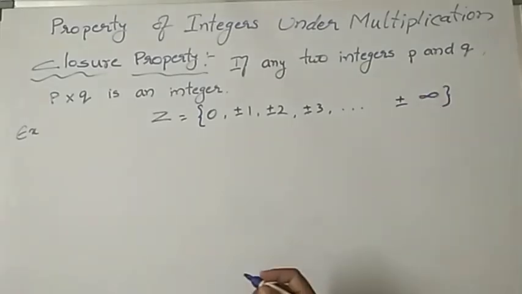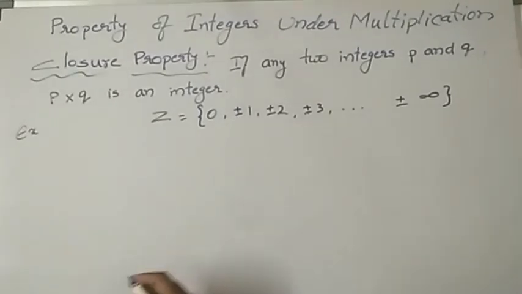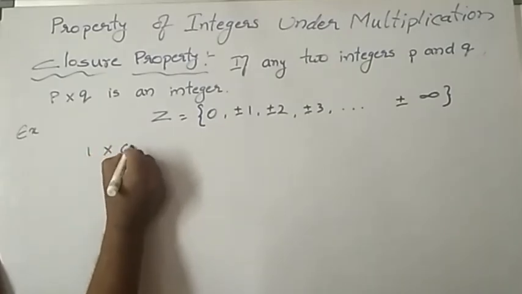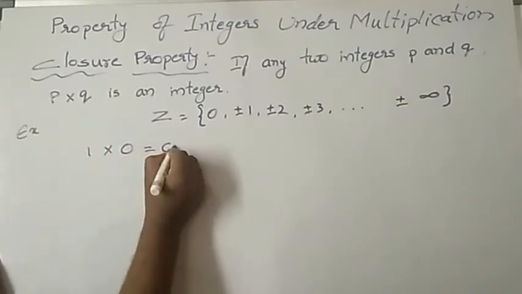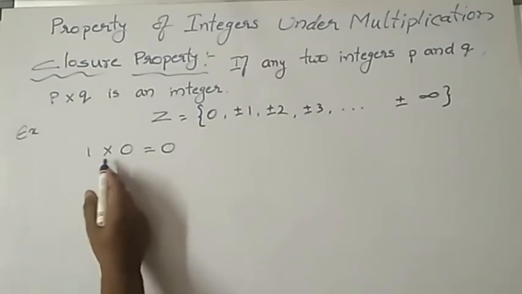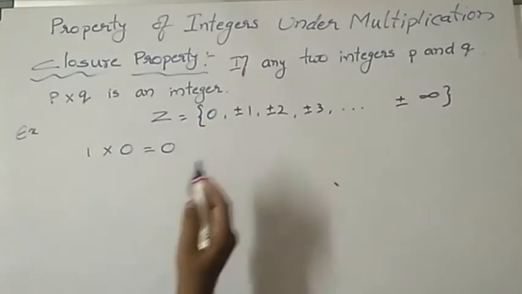From this, if we take any two numbers, I am taking here 1 and 0. 1 times 0 is 0. 1 is an integer and 0 is also an integer, and the product of these two numbers is 0. 0 is also an integer.